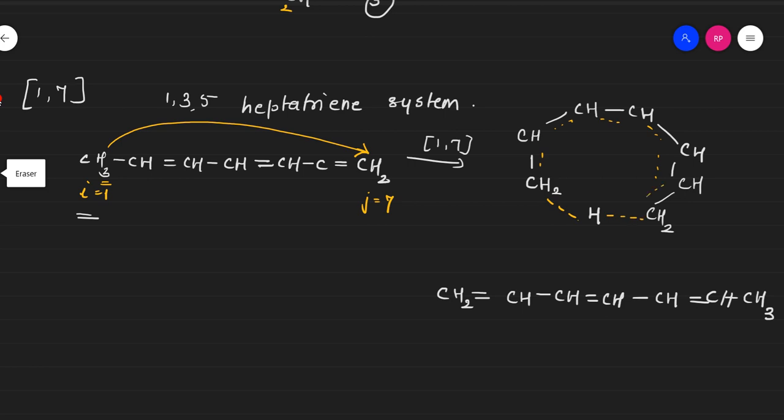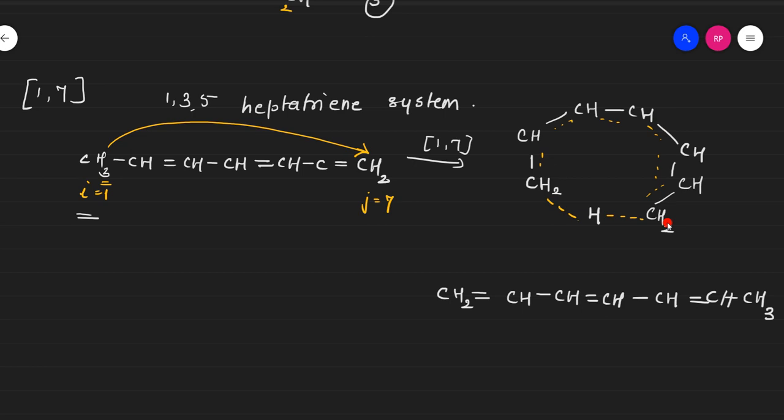So if you count, 1 2 3 4 5 6 and 7. 7 member ring, no? 1 2 3 4 5 6 and 7. This is the cyclic transition state for the 1,7 shift.